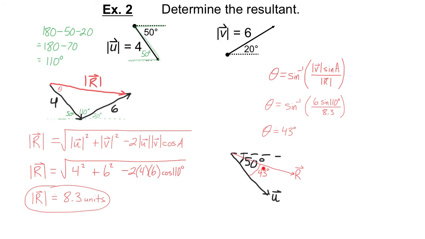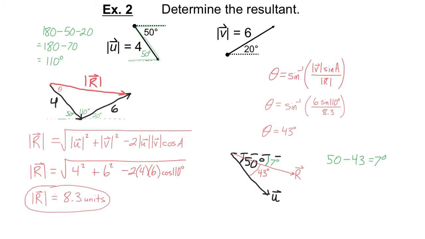So that's here. All right, so from the horizontal down to u, it's 50 degrees. From u to r is 43 degrees. So the question is, what's this angle in here? Well, if the total angle is 50 degrees, then I just have to take away the 43, and I'm left with 7 degrees. Okay, so now I know the direction that my resultant vector is pointing.